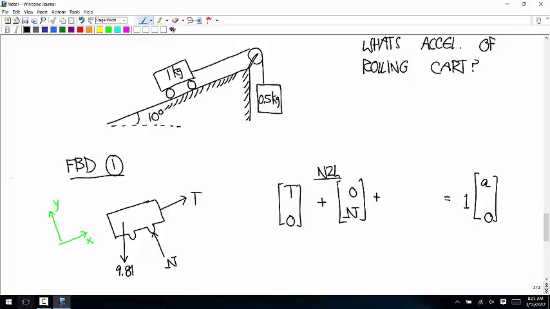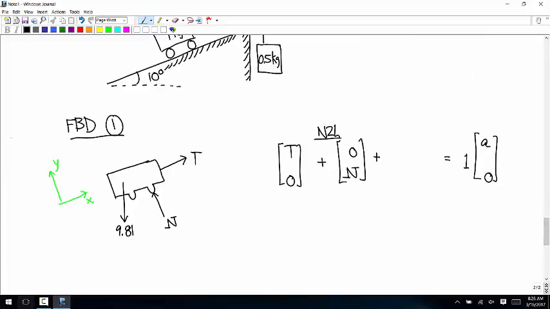Okay, and the last thing we have to deal with, it was the easy one to name, but it's the harder one now, you have to think about the trigonometry. So we have a downward force of 9.81. And we want to break that up into components like this, right?